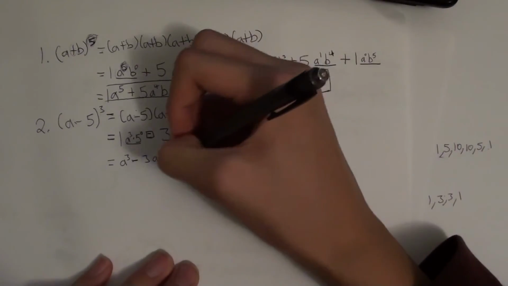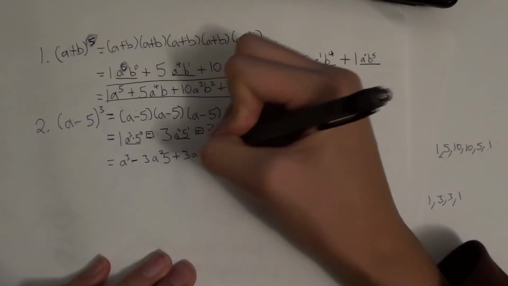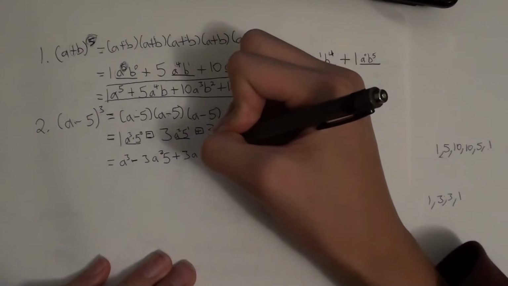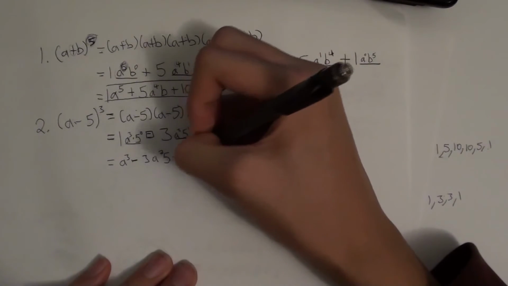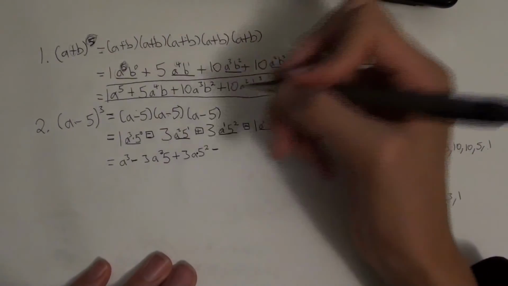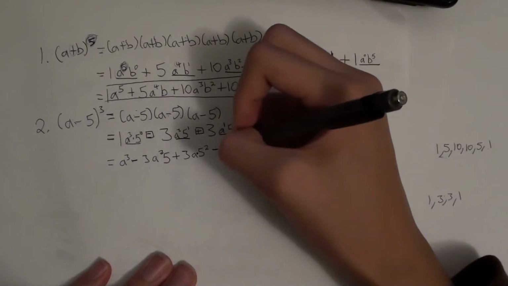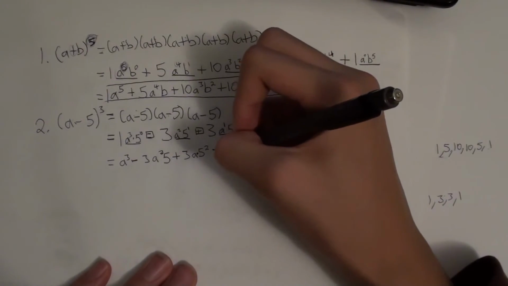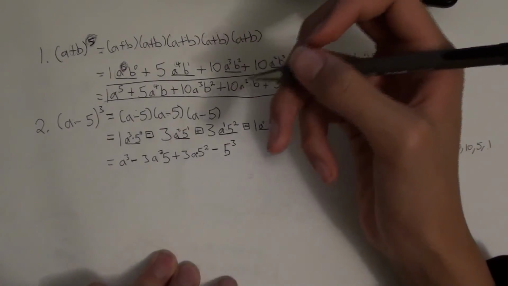And addition: 3 times a to the power of 1 times 5 to the power of 2. This looks kind of awkward, so I'm going to add in a multiplication sign right there. And then 5 to the power of 3.